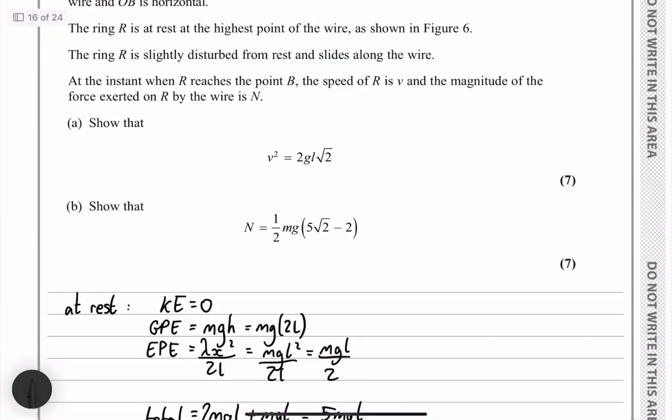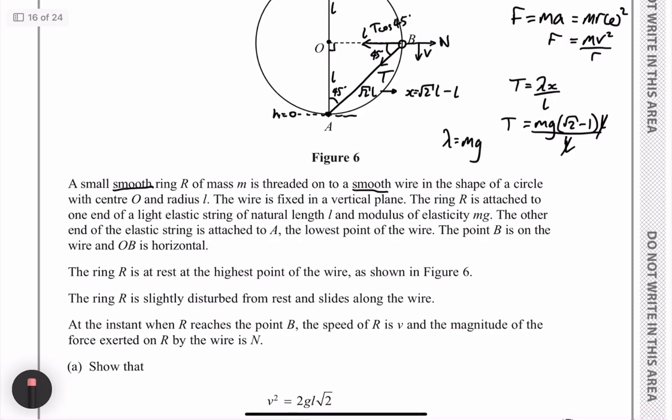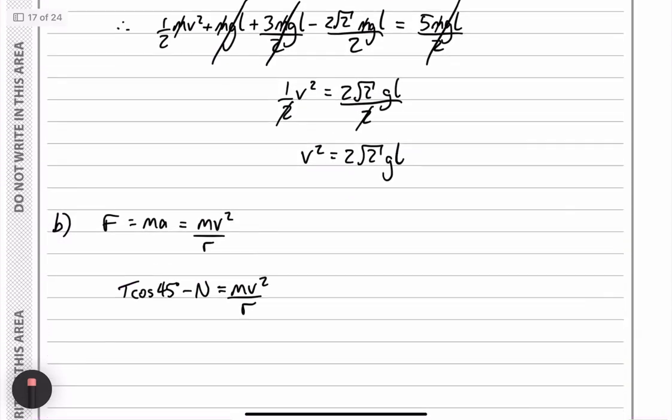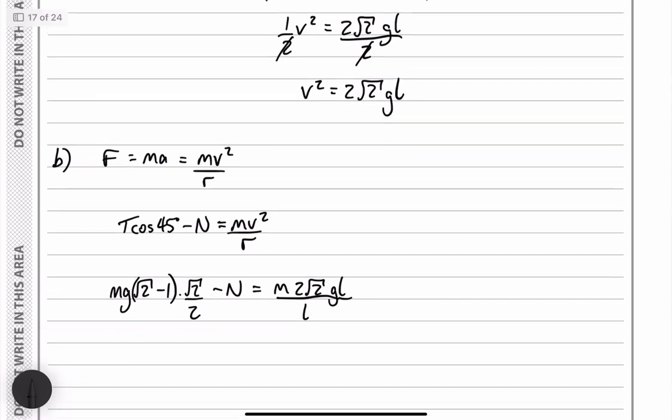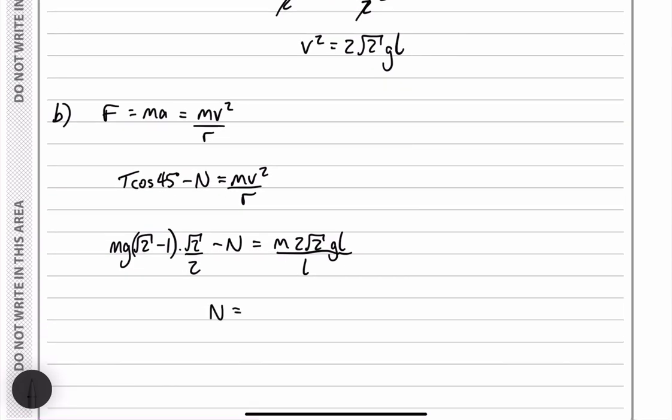And T was mg (root 2 minus 1) times by the cosine of 45, which is root 2 over 2, minus N is equal to m times v squared, 2 root 2 gL, over r, the radius of the circle, which we know is L. Putting all of this together then, N is equal to mg root 2 times root 2 over 2, just gives us mg, minus mg times root 2 over 2, so that's root 2 mg over 2.